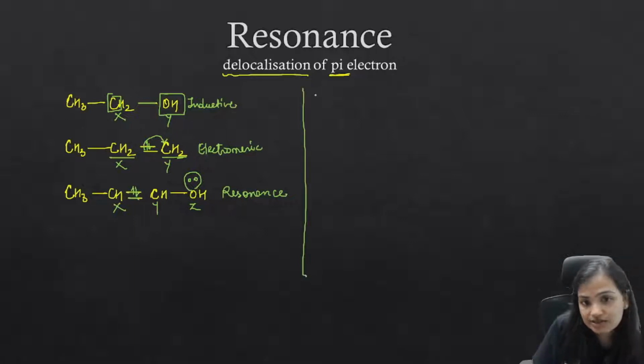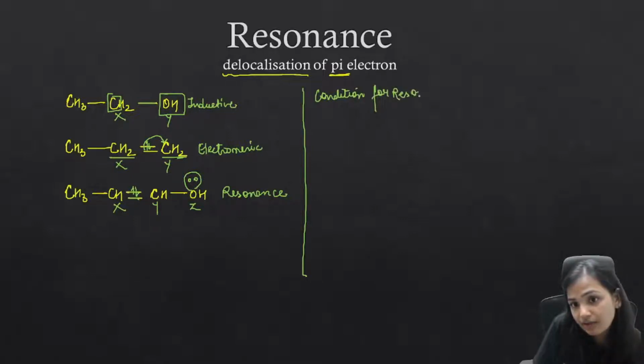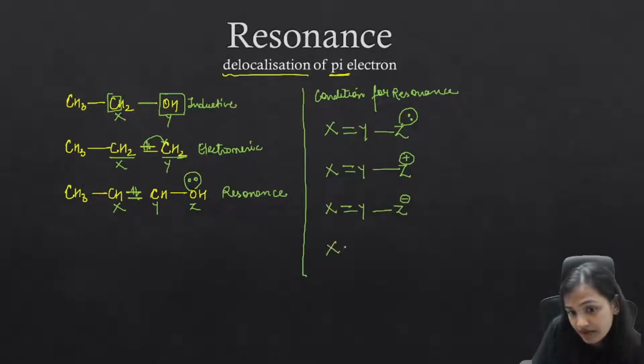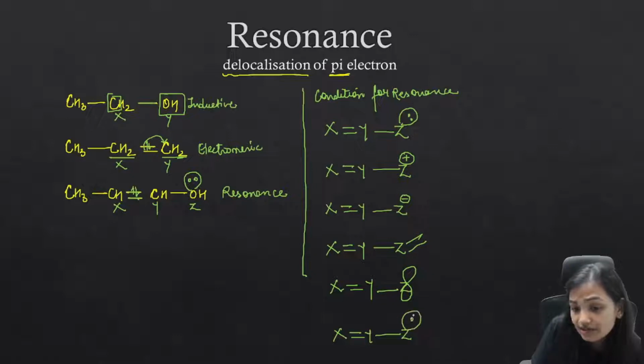The condition for resonance to occur: whenever you have X double bond Y, single bond Z, and over that Z you have a lone pair, or whenever you have a positive charge over the Z, or a negative charge over the Z, or a pi bond over the Z, or any kind of vacant orbital over the Z, or even any radical over the Z. Whenever you have all such conditions, there would be a possibility of resonance.